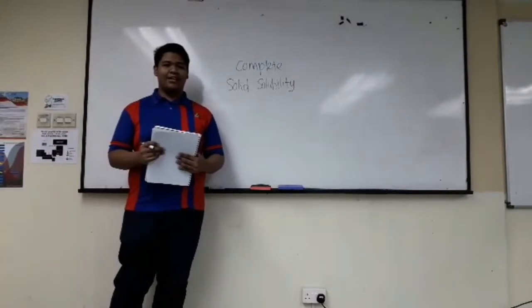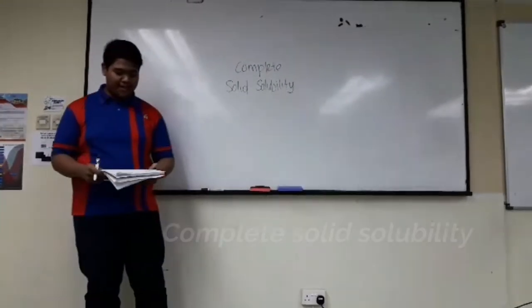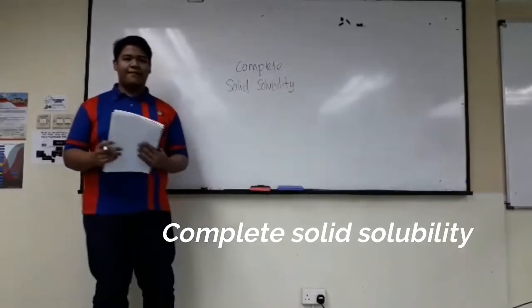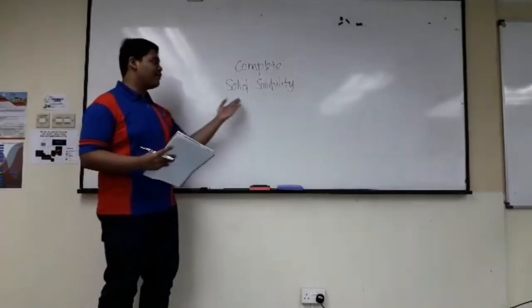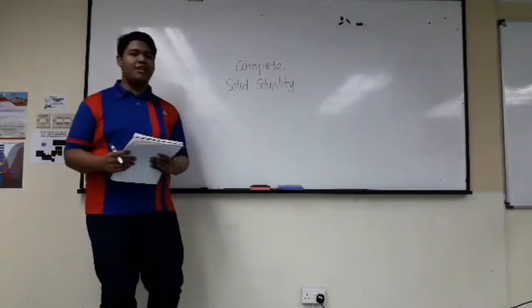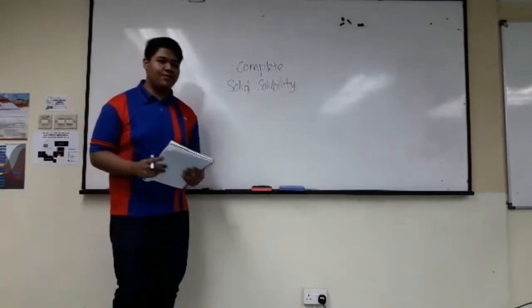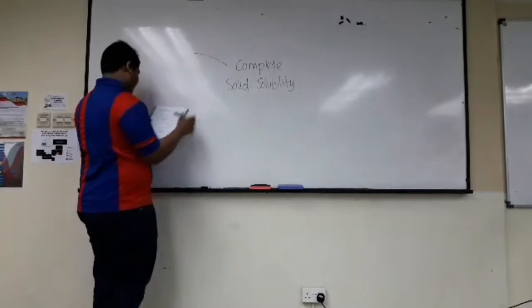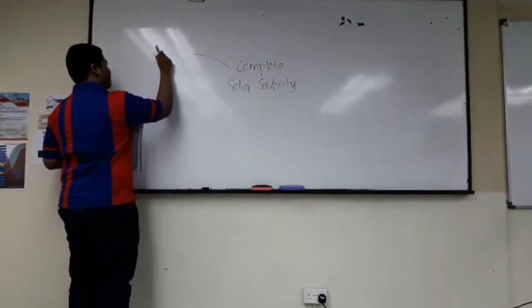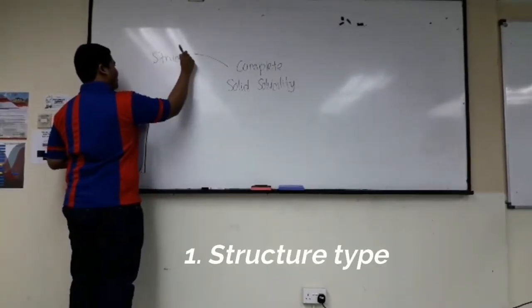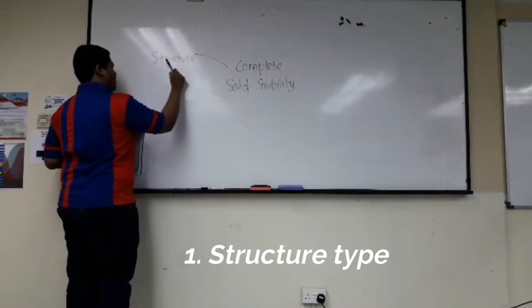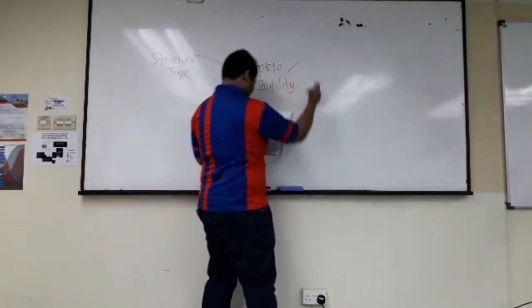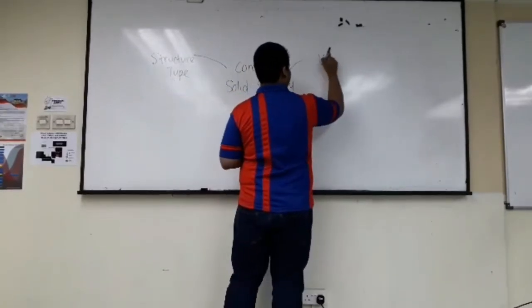Okay, for the next part, I will explain complete solid solubility. There are a few factors that contribute to complete solid solubility. I will explain two: first the structure type, and next the valency factor.